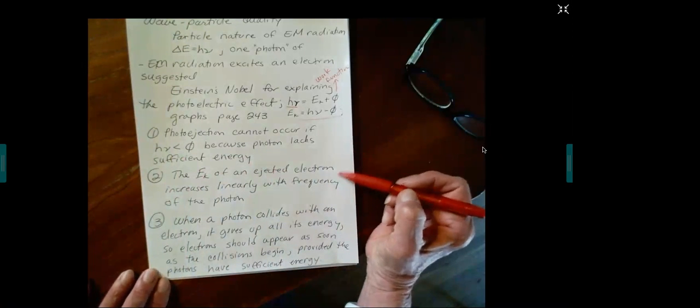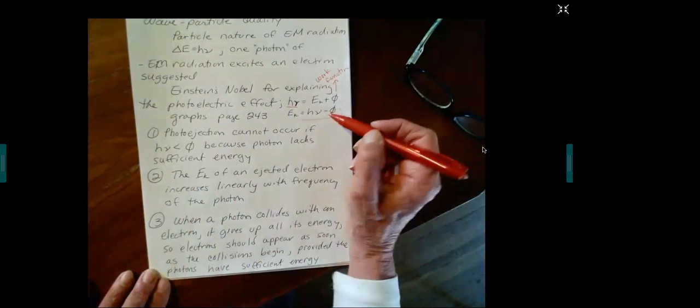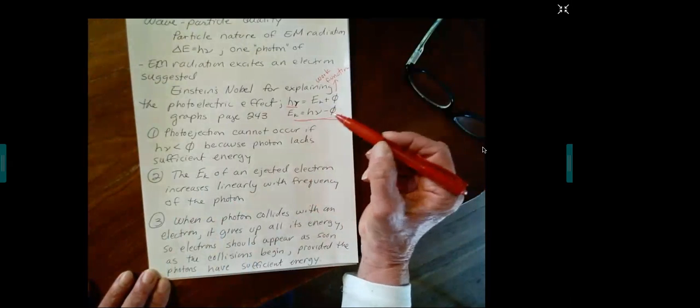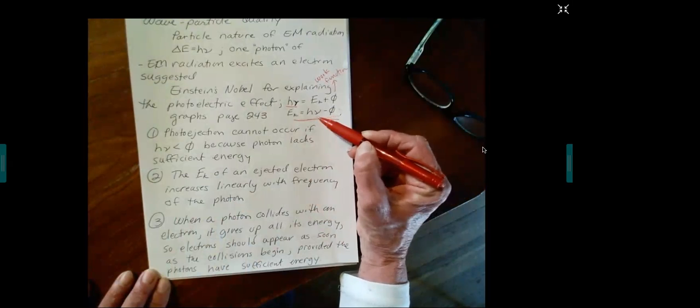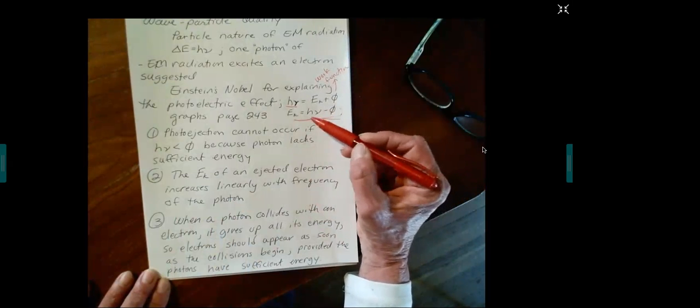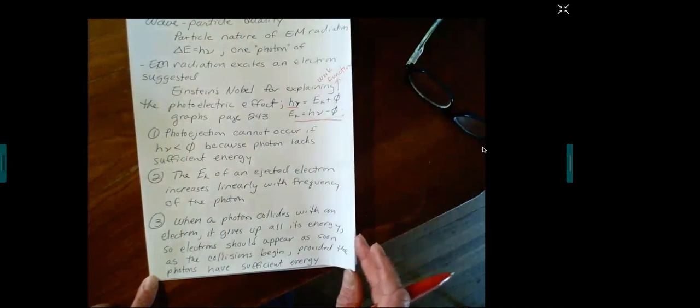Number two, the kinetic energy of an ejected electron increases in a linear fashion with the frequency of the photon. That's the equation up here. Kinetic energy graphed against frequency would be linear, and h would be the slope. Number three, when a photon collides with an electron, it gives up all its energy. So an electron should appear as soon as the collisions begin, provided the photons have sufficient energy.